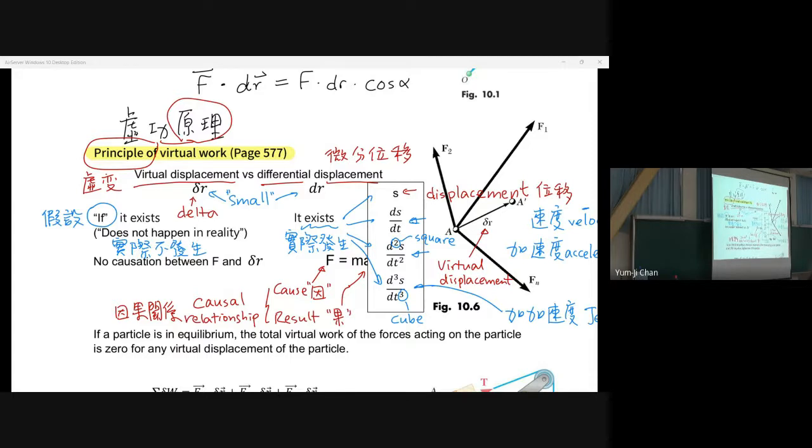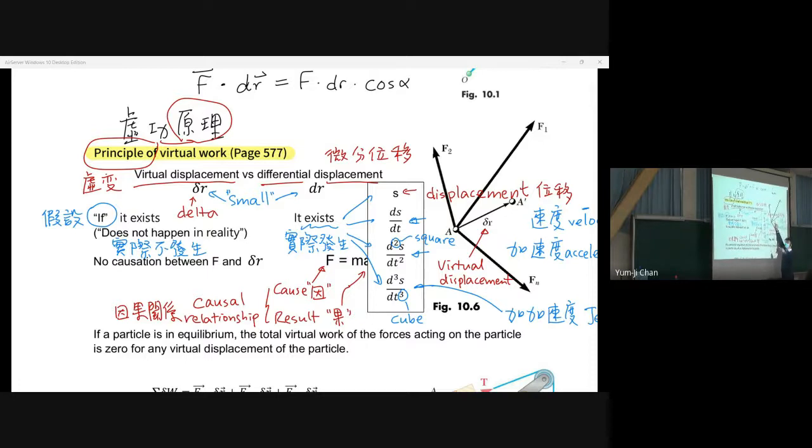Are we saying that having these three forces would make it move from A to A prime? The answer is no. Because we have three forces here, and we have one virtual displacement here. You may ask, are these three forces leading to displacement here?